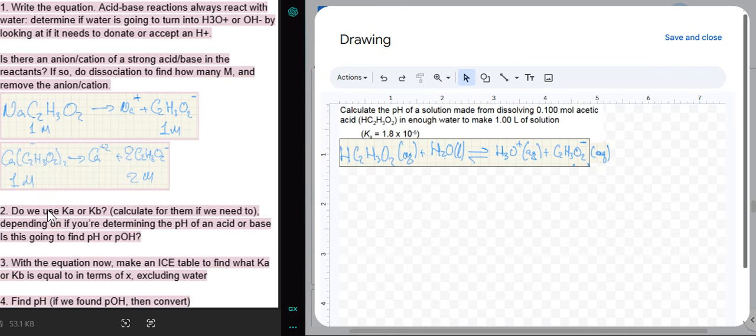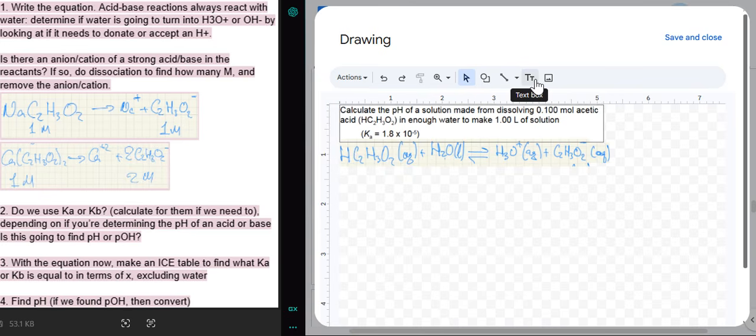Step two, this is just to make sure, are we finding the pH of an acid or a base? We are finding the pH of an acid. How do we know that? Because this donates an H plus to water.